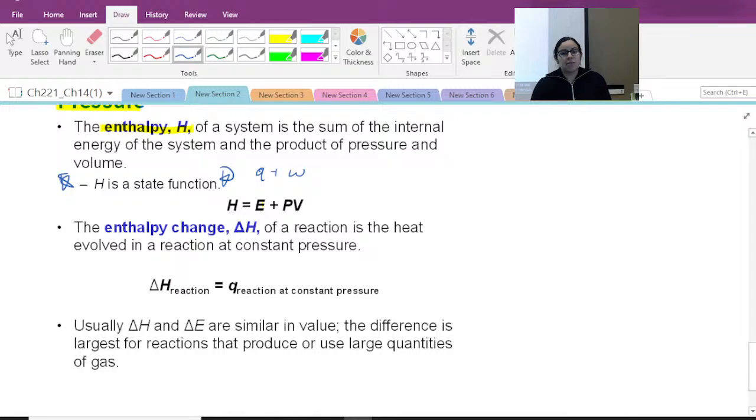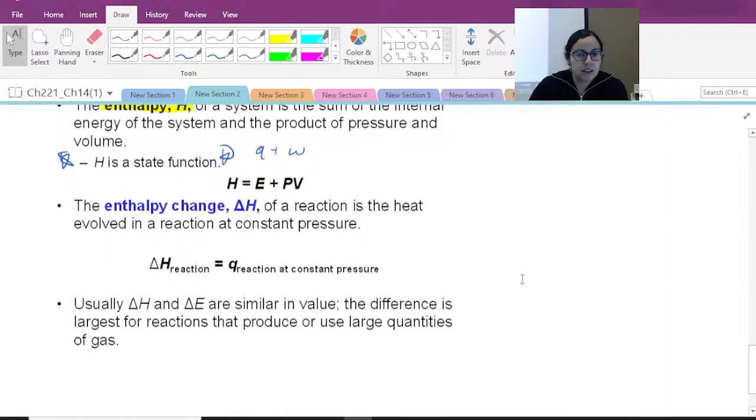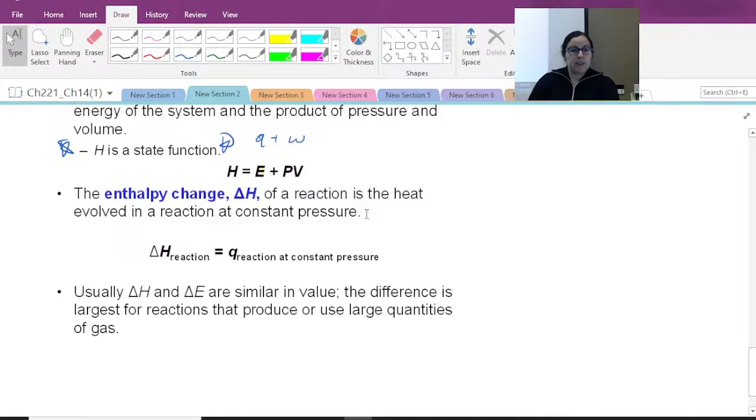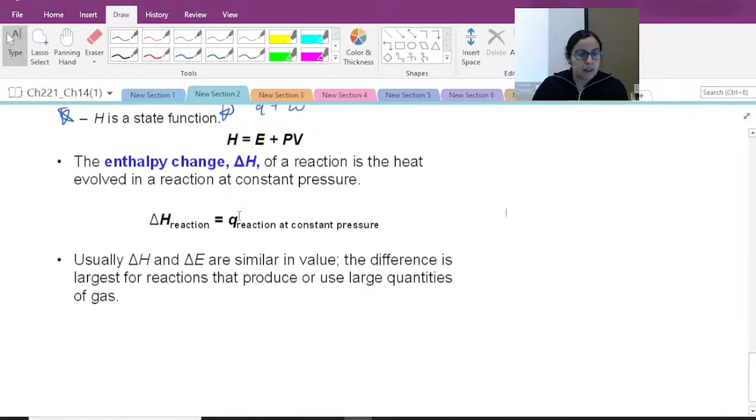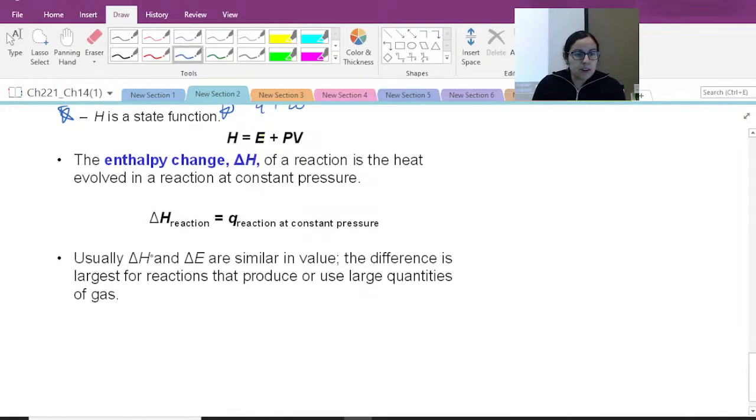And so we see, at a constant pressure, oftentimes the enthalpy is just the same thing as Q. So that's the distinction. Usually our enthalpy and our total delta E are pretty similar in value. The only difference would arise if you have reactions that produce or use large quantities of gas. That's where the difference of pressures starts to come into play.